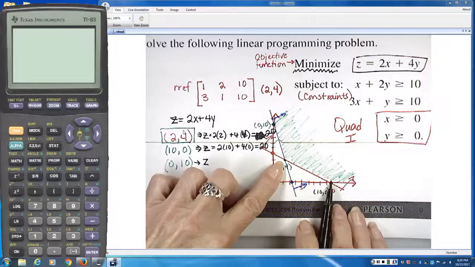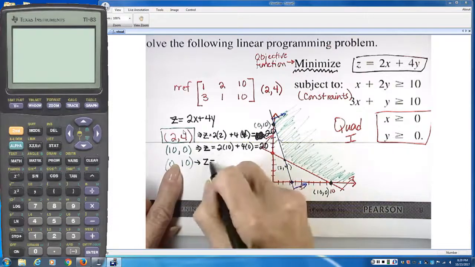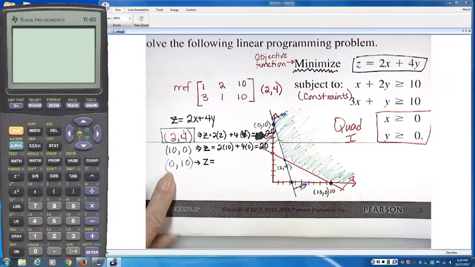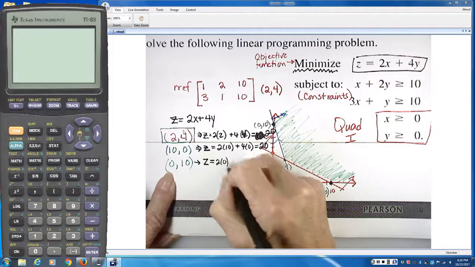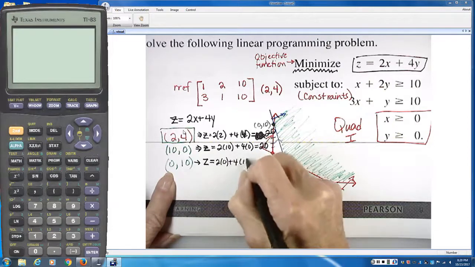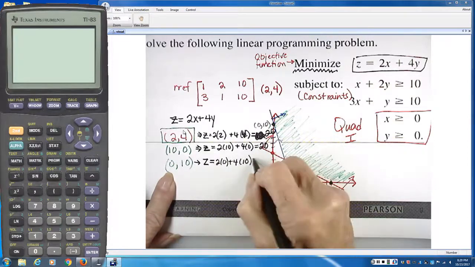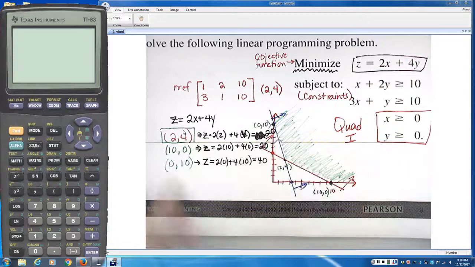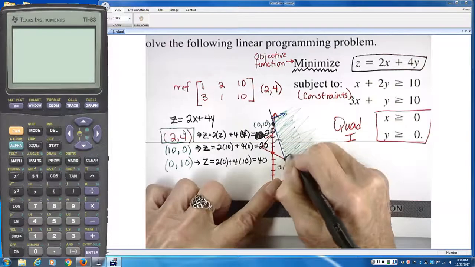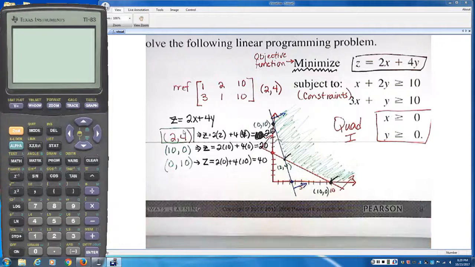Those two are equal. But then if I take z is equal to 2 times 0 plus 4 times 10, z is equal to 40, so that's worse. So that means I can minimize it here or here and have the same thing.